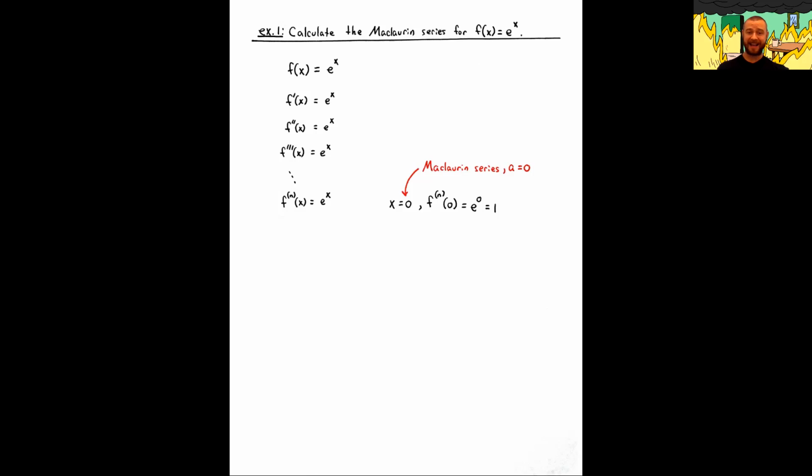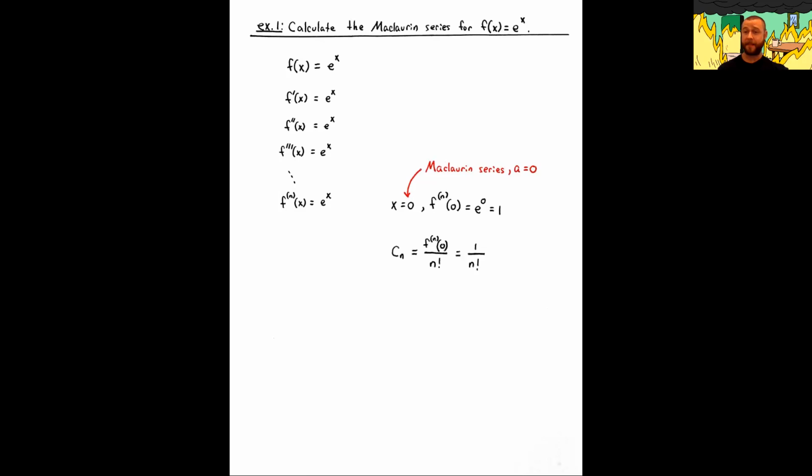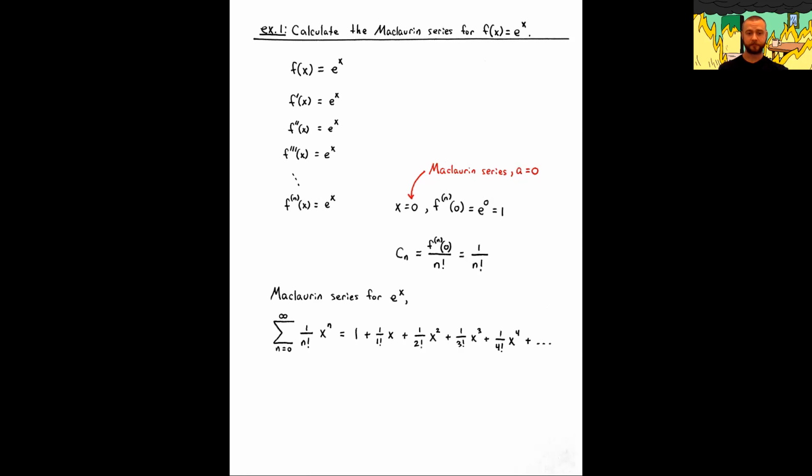Recall, we need to divide the nth derivative by a matching factorial. So we get a very simple formula for c sub n: the nth derivative at 0, which is 1, but now divided by n factorial. And we basically have answered the question.